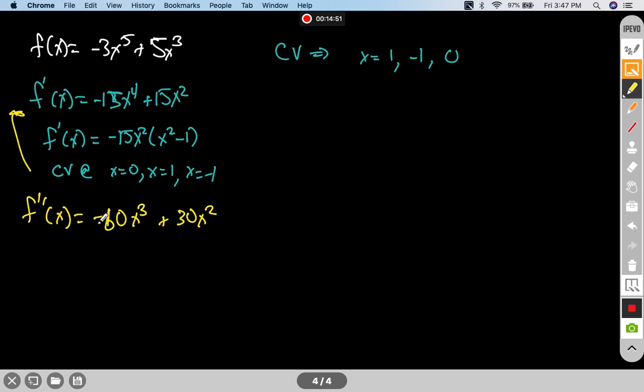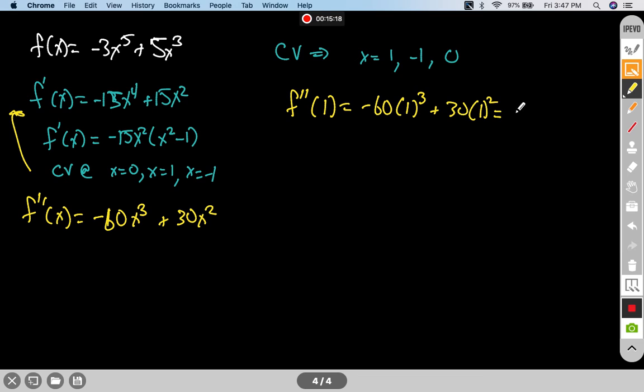So now I'll come over here and do my second derivative test. What is f double prime at 1? So I plug it in here. Negative 60 times 1 cubed plus 30 times 1 squared.